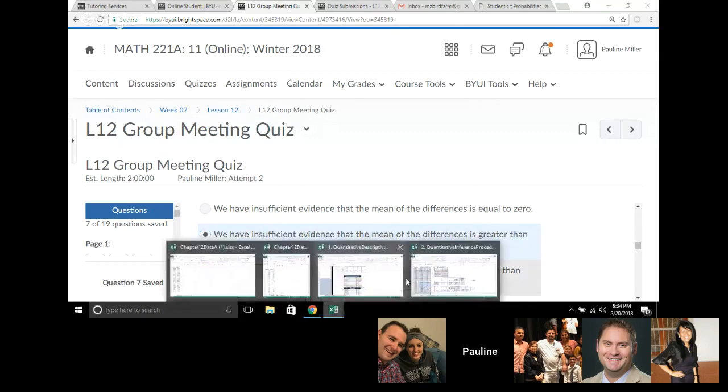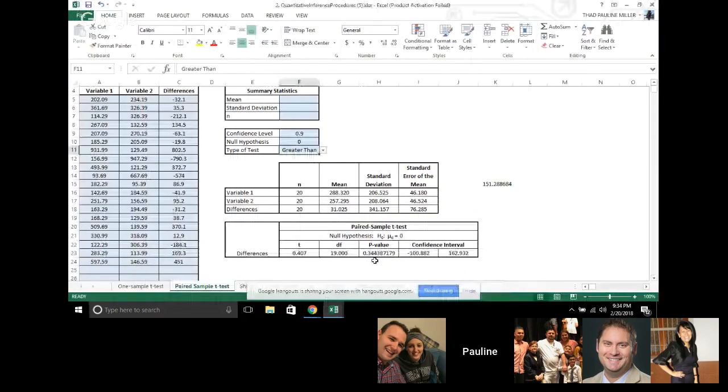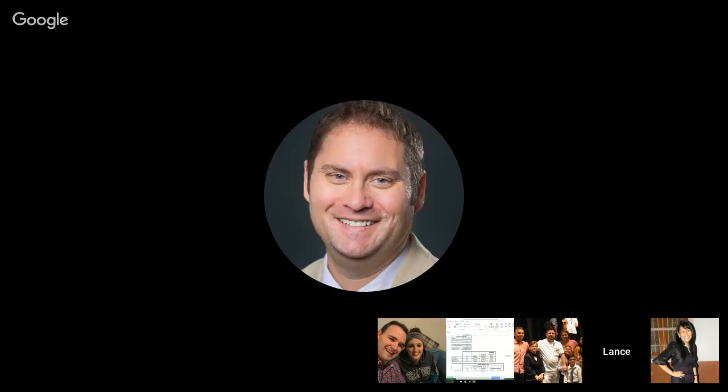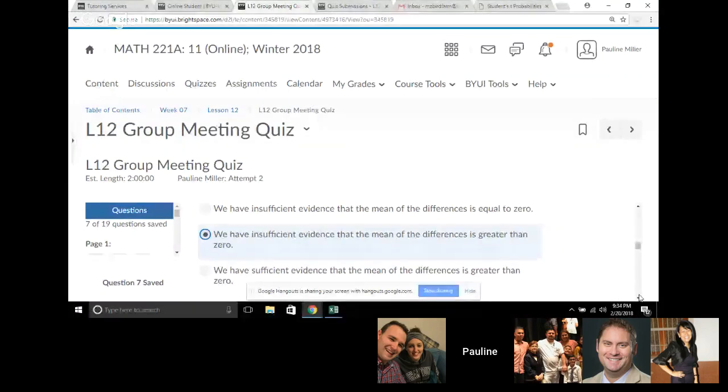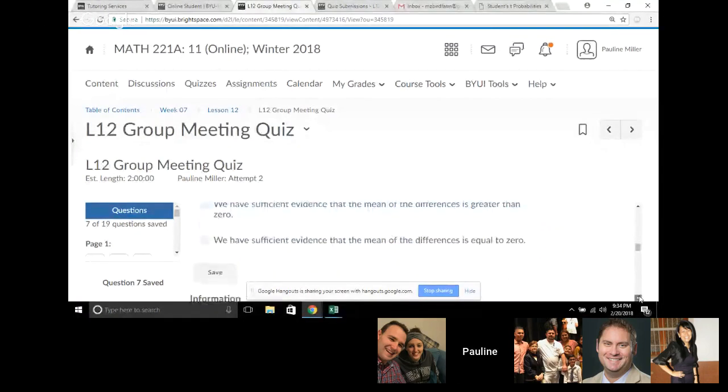Do you guys see where that is? Yeah. The 0.345 is bigger than the 0.10, so we failed to reject, right? Yeah, we failed to reject. It's not what the alternative is telling us. Yeah, exactly. So we don't have evidence that the alternative is correct. Okay.